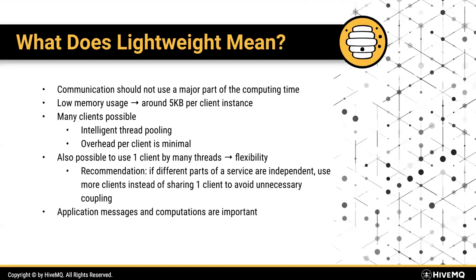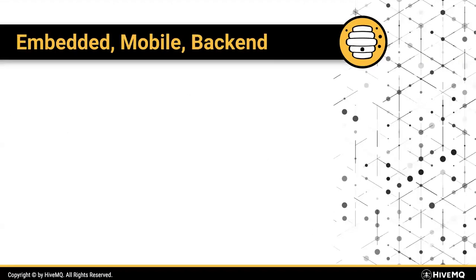Yes, I already said this. I will move a little bit faster here. I talked about how embedded, mobile and backend use cases can be solved by MQTT. And now I will talk about how the HiveMQ MQTT client can be used in these 3 use cases.